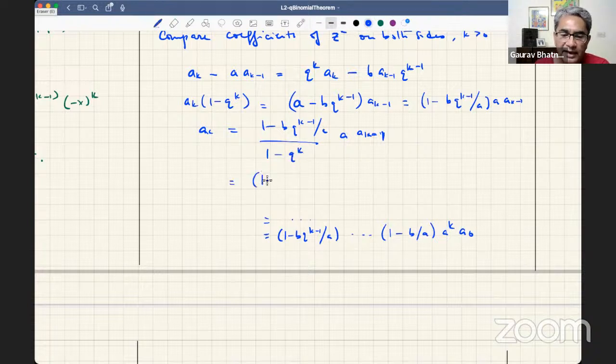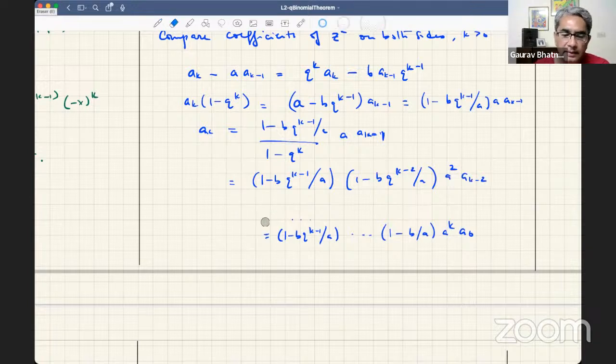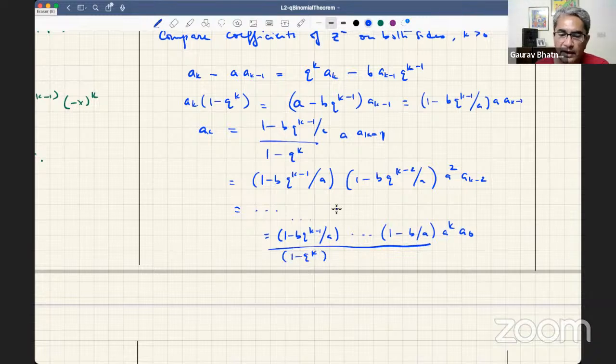If I iterate it, I'll get bq to the k minus 1 over a squared, one more time, and so on until we reach this factor, divided by 1 minus q to the k.